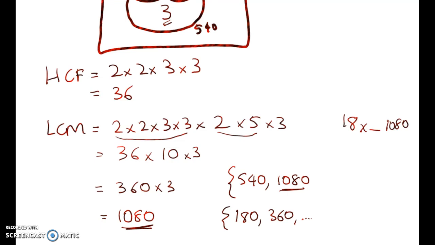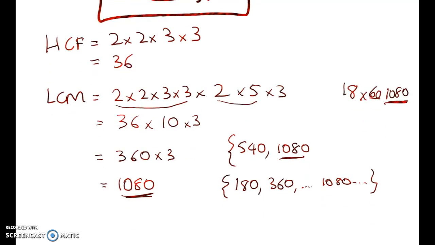Well, 18 5s are going to give me 90, 18 6s will give me 108, 18 60s will give me 1080, so that's going to work. And lastly, you can do the same thing with 72. So 72, 144, and if we kept going, eventually we'd get to 1080, because 15 times 72 is 1080.